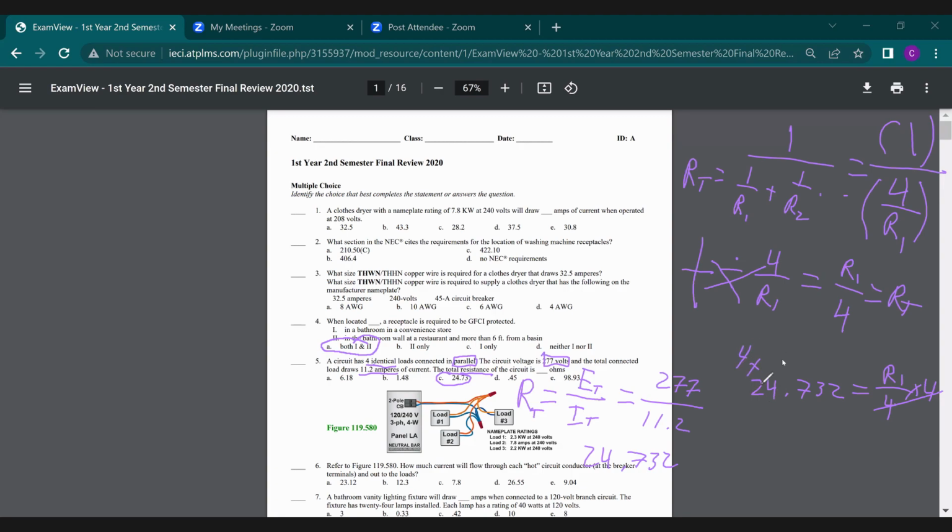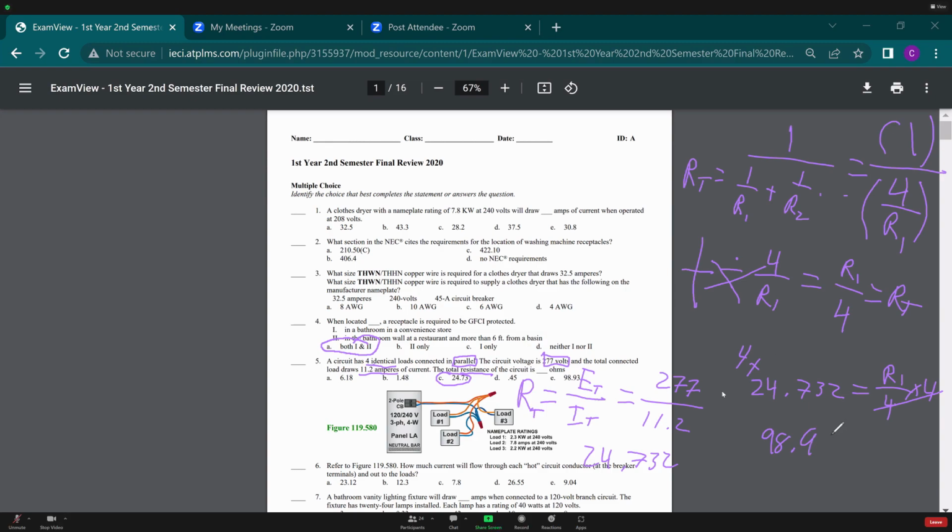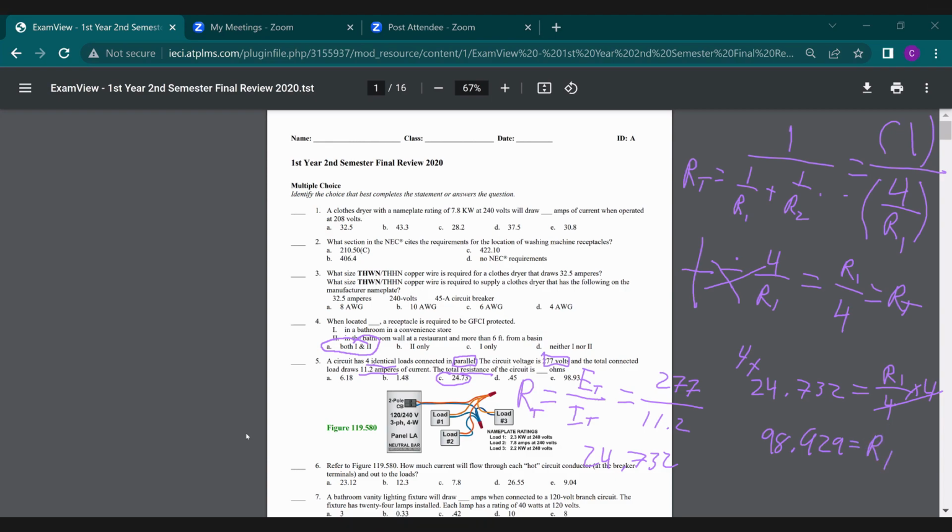So I take 4 times 24.732, and I'll get 98.929. And this is going to equal R1. So that's how you figure out what the resistance is of a single element if they're in parallel. They all have to be identical. If they're not identical, it doesn't work.